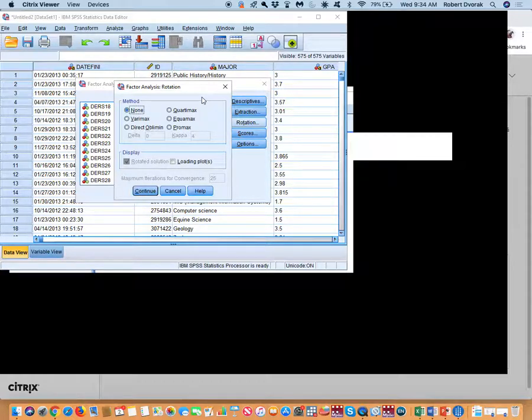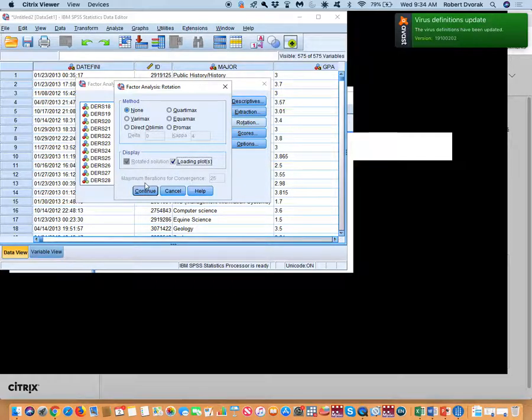You're allowing those factors to change interdependently, not dependently, and so you wind up with factors that can be correlated, right? Like as this one changes this much, this one might change this much. Yeah. So is this an oblique rotation? This is oblique. Yep. This is an oblique rotation. Yep.